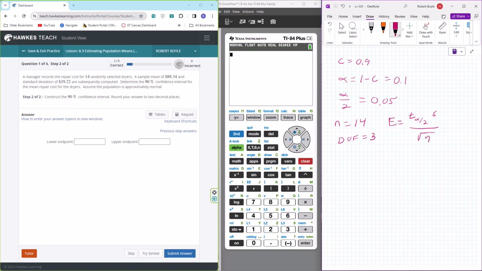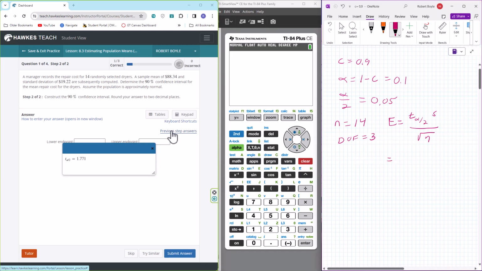From our previous step answer, we can see that our critical value is 1.771. Our sample standard deviation is $19.22, and our total number of samples is 14.